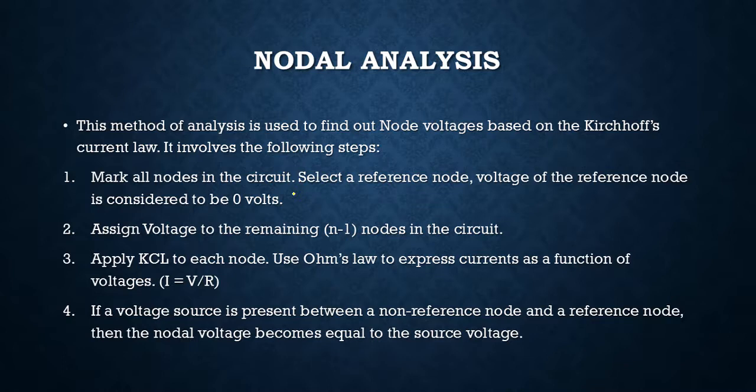That means we consider that that particular reference node is grounded. Normally the node with connection to maximum branches is considered as the reference node, right? And its voltage is then considered to be 0 volts, which is already written. Voltage of the reference node is then considered to be 0 volts.